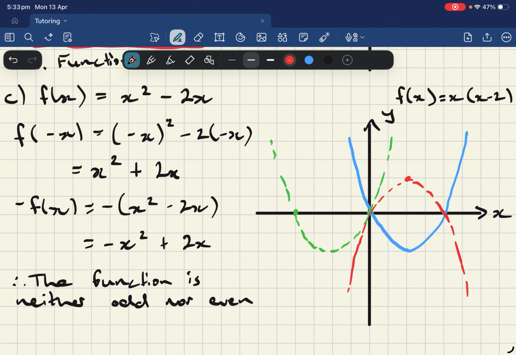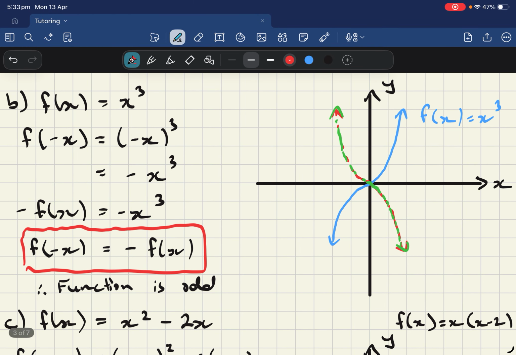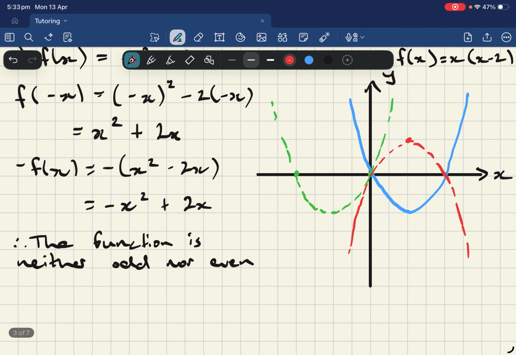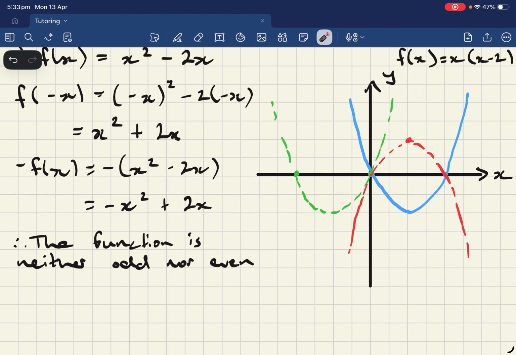Which, unlike up here, where our green graph and our red graph sat perfectly one on top of the other, we can see that that is not the case in this example. We have a pretty clearly two distinct graphs. They are not the same, so the function will not be odd.